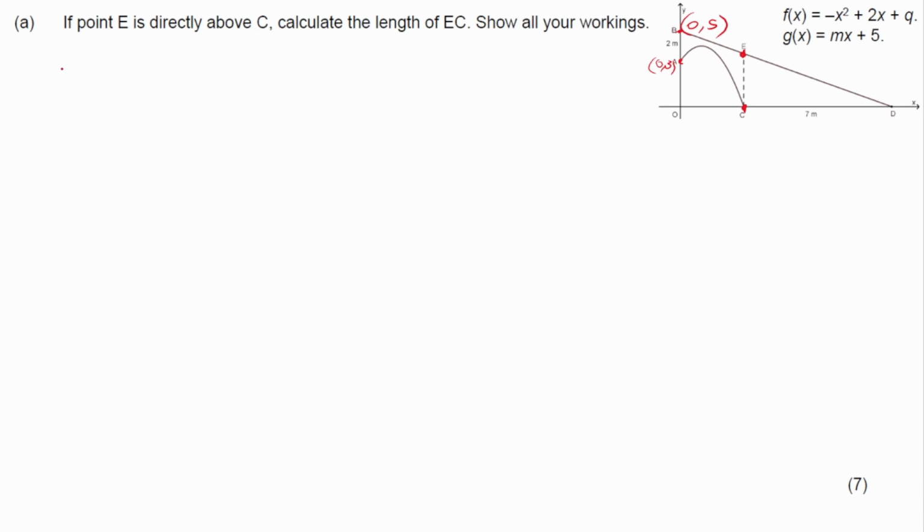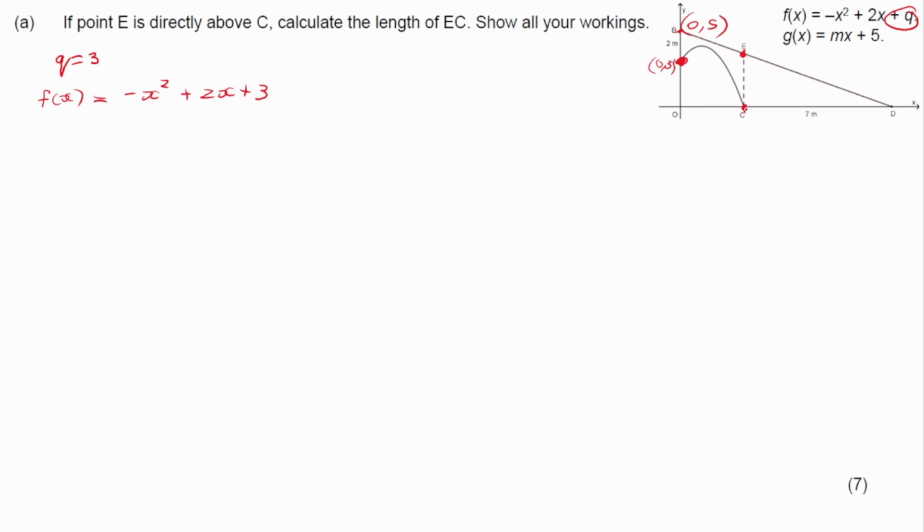We know that q has to be 3 because this q will give us this y-intercept over here. So we know q is equal to 3. And we can use this equation we have now, where f of x is equal to minus x squared plus 2x plus 3.